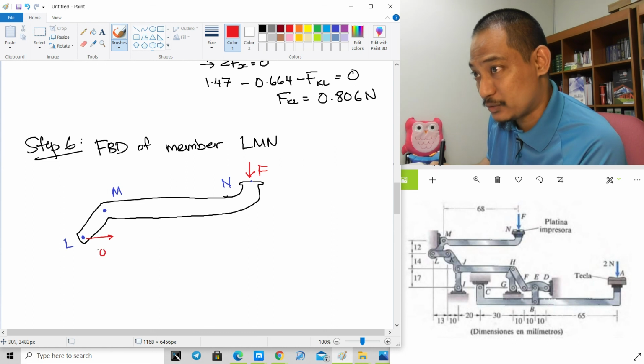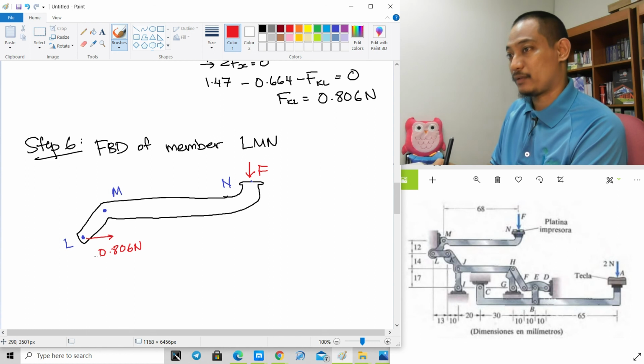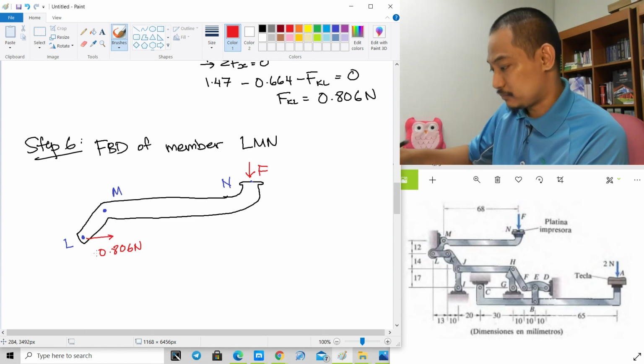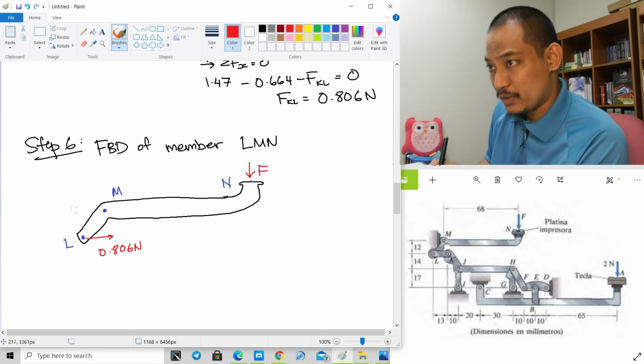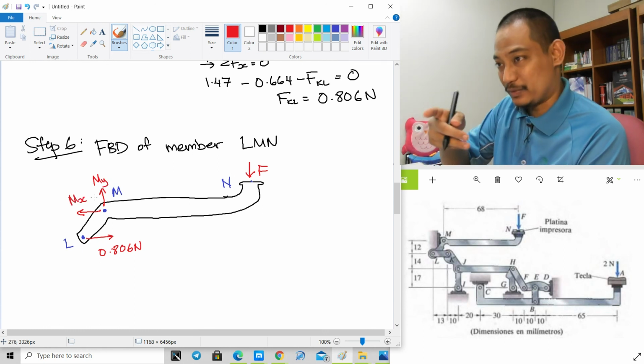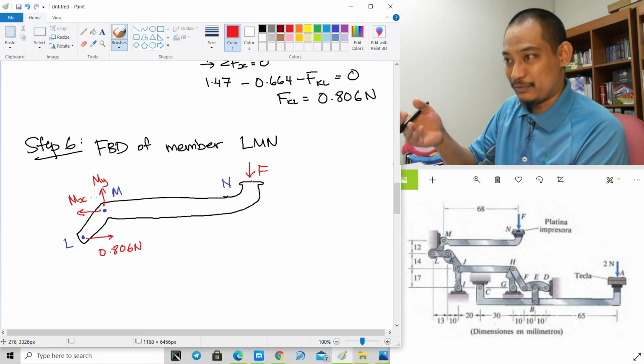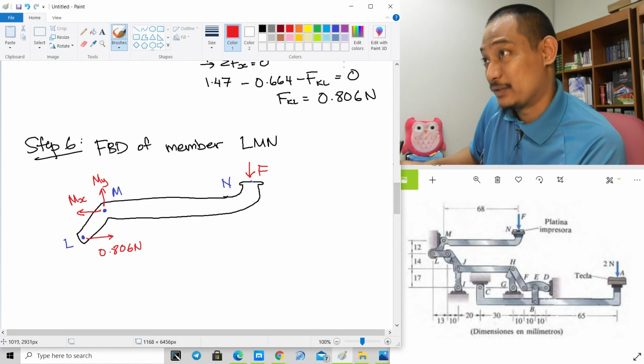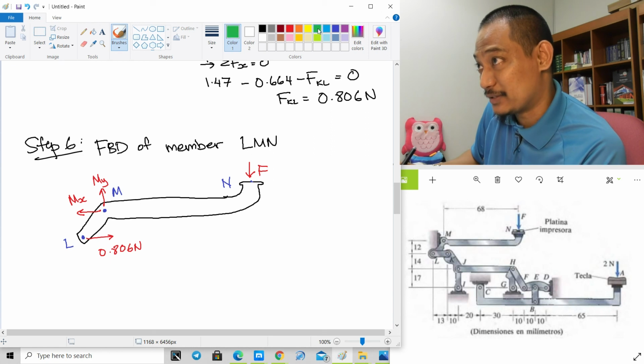So what is the value? 0.806 Newton. M is a pin, so it should be X and Y. So if I assume MX this direction and MY this direction, it's not really an assumption because we can see the other force. We know it should counter that one already, so we can make an educated guess.